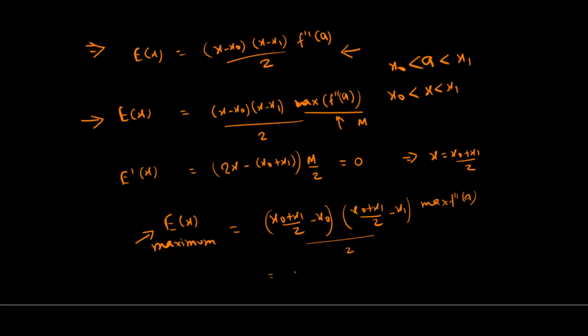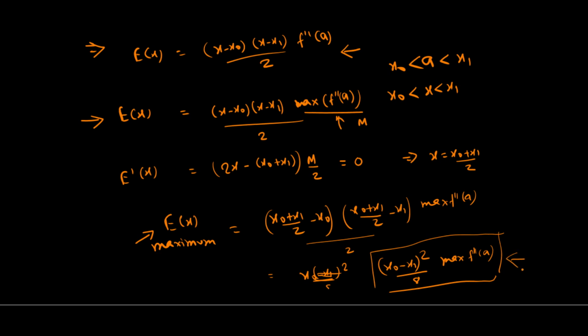And when you calculate this, you will get x naught minus x1 whole square upon 8 into maximum of the second derivative. So this is the maximum error that we can have in any case.